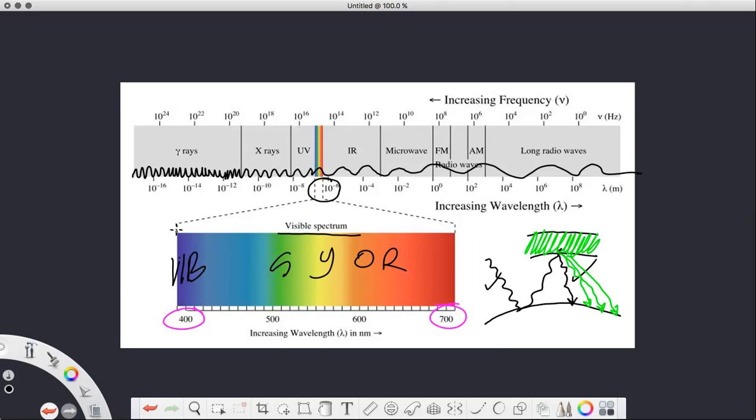This area is more blue, this area is more red, and this middle is more green. It consists of these 7 colors, but 400 to close to 500 is more blue, 500 to 600 is green, and 600 to 700 is red.